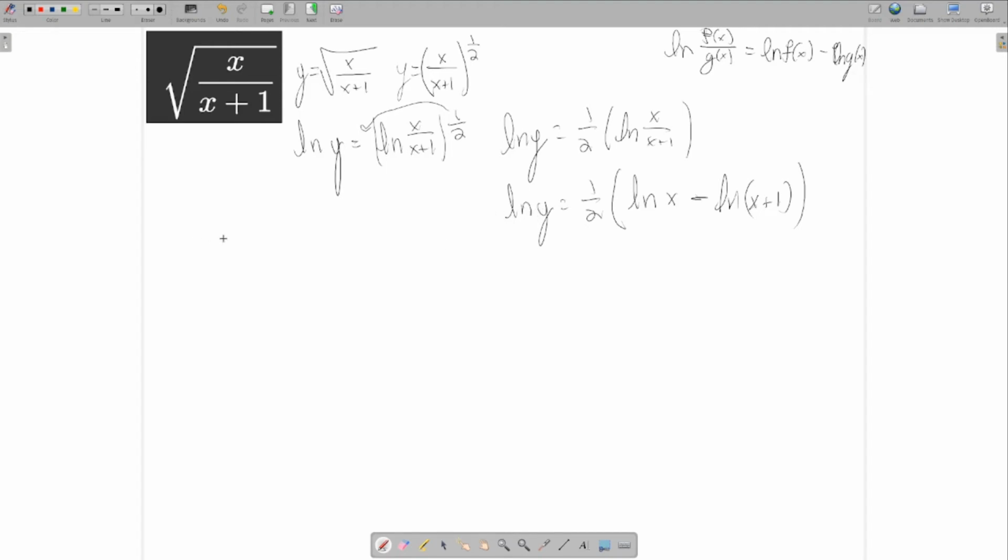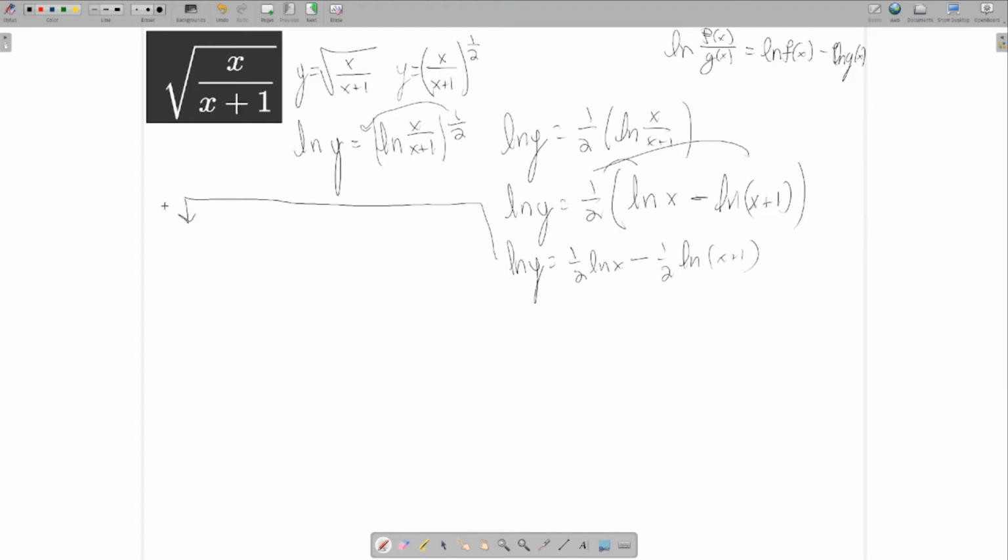And now let's take the derivative of this. Actually, before we take the derivative, let's expand this and make sure that we're not going to make any mistakes. Let's just distribute: 1/2 natural log of x minus 1/2 natural log of x plus 1. Not too bad. Now we can take the derivative of this.